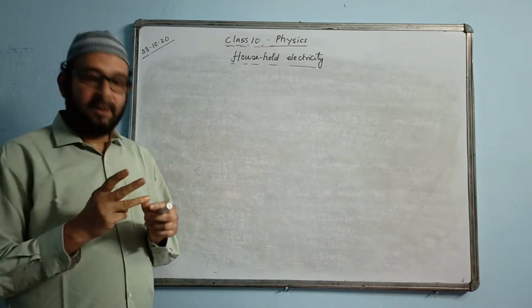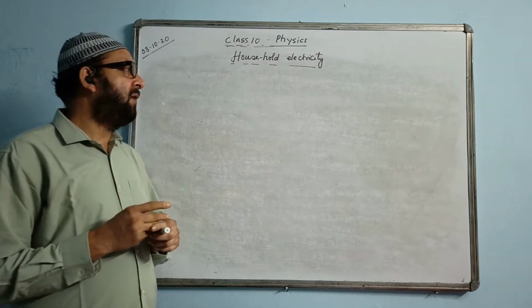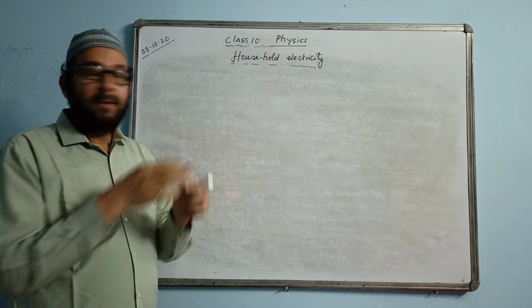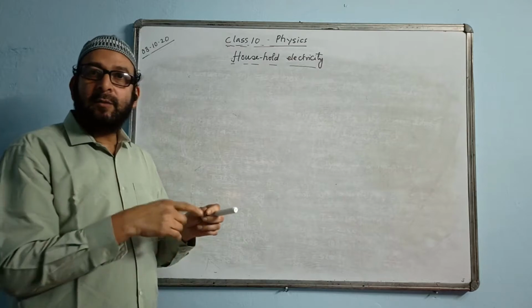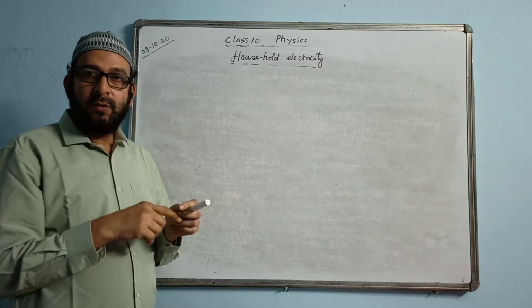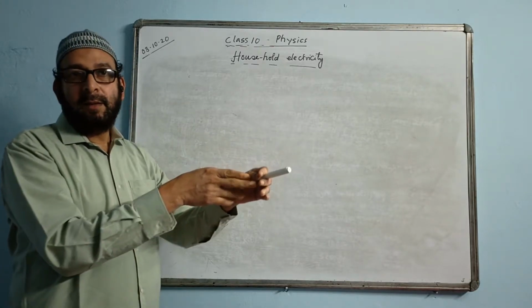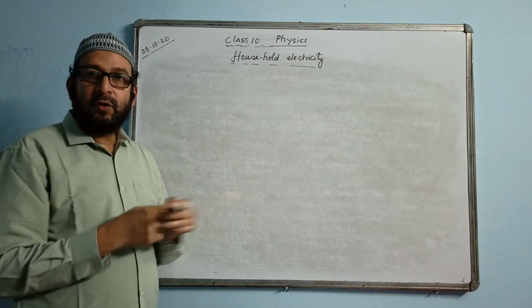I think you all must have seen or must be knowing about them. There are 3 kinds of wire. Through the live wire, current enters the circuit, and through the neutral wire, the current goes back to the source. Live wire sends the current, and the neutral wire brings the current back to the source.